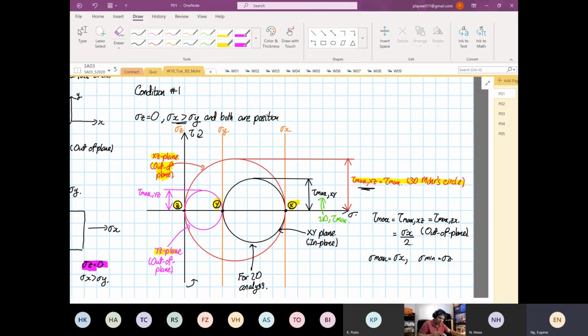So with this value over here, now you know your tau max, your shear max, then you can choose your material. And this is critical when material fails in shear. Because in 2D Mohr circle, your maximum stress is still at stress x. You have no issue with that. But it's the shearing that's going to cause you the problem.